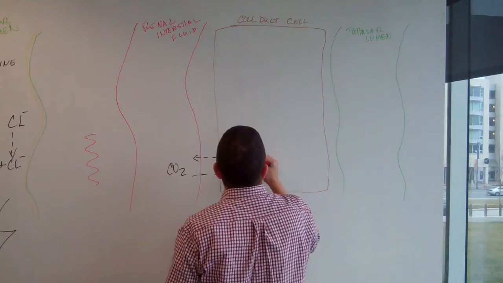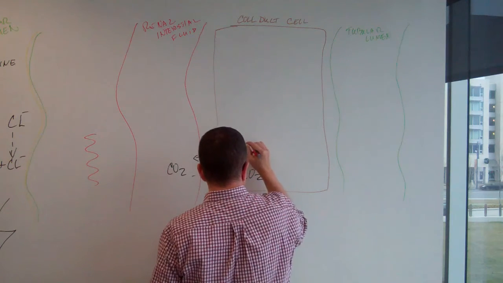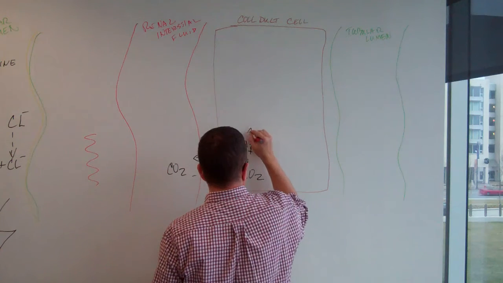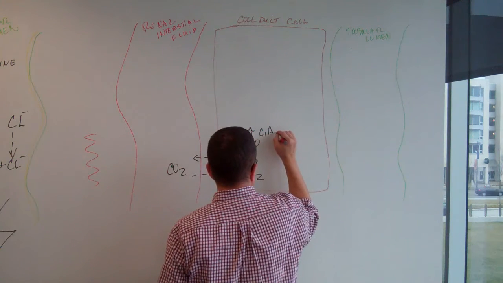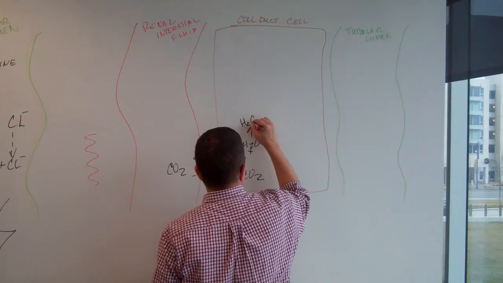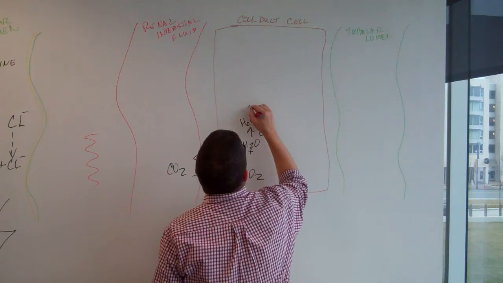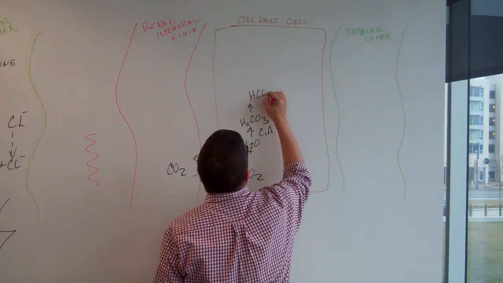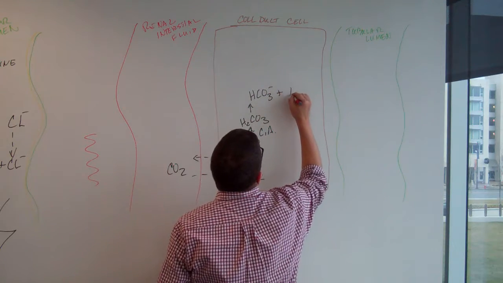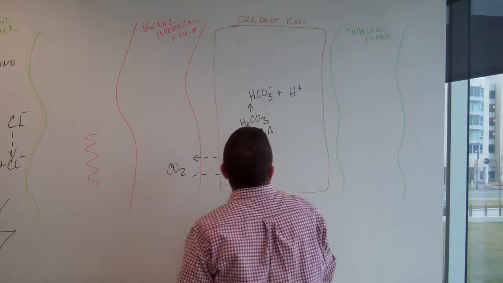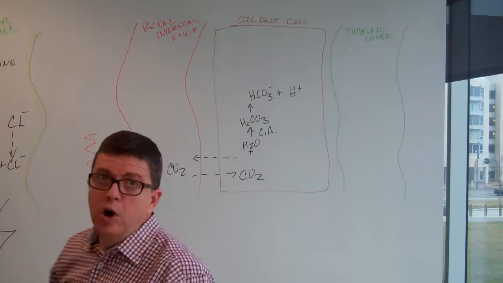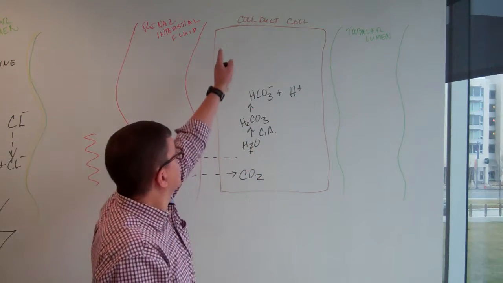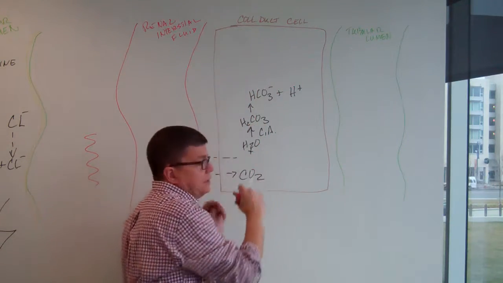But this CO2 will combine with water, and under the influence of carbonic anhydrase, as we've learned multiple times, forms carbonic acid, and this generates bicarb ions plus hydrogen ions. So that's part of what's occurring in the collecting duct cell.